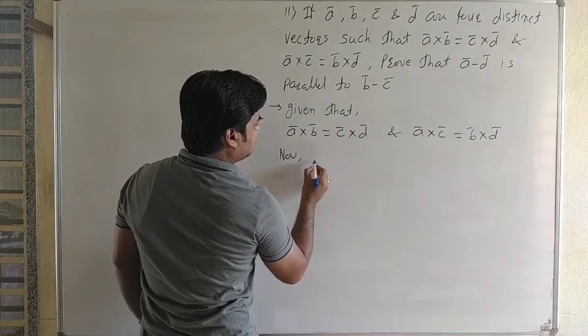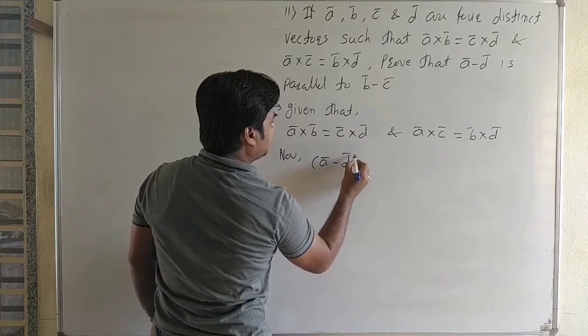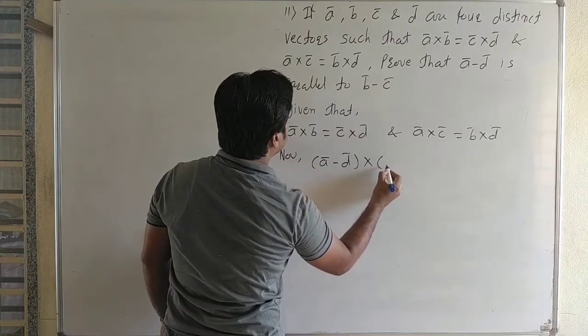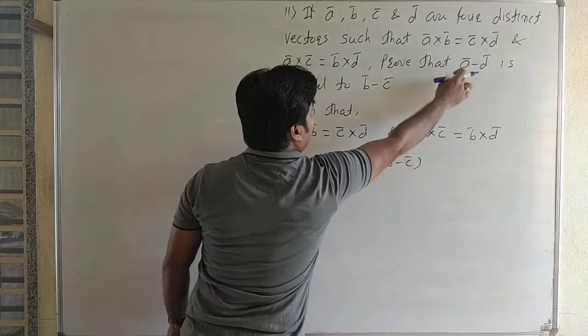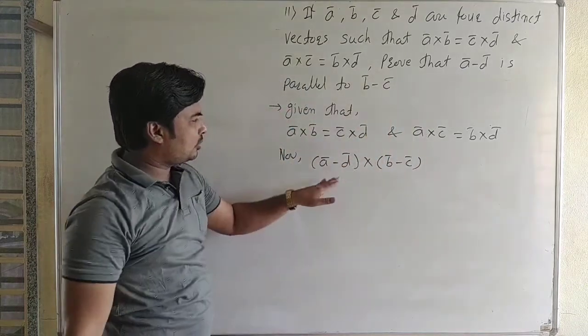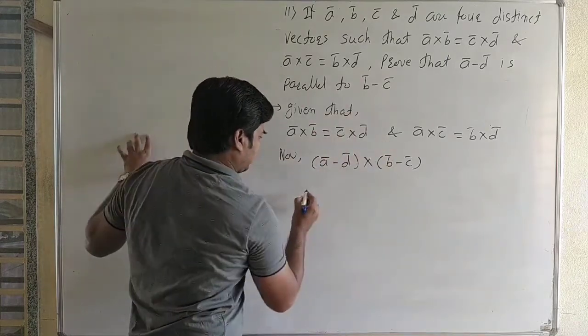Now we take a bar minus d bar cross b bar minus c bar. We want to prove that these two vectors are parallel. If the cross product of these two vectors is 0, then the two vectors are parallel. Now we take the cross product.